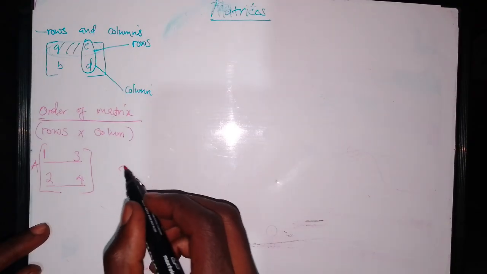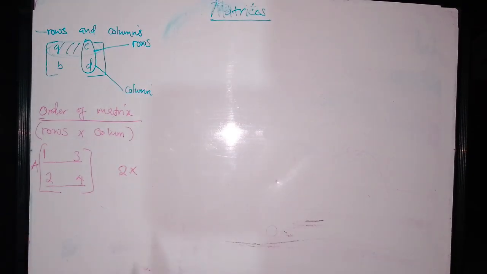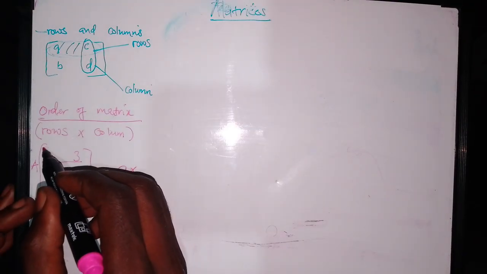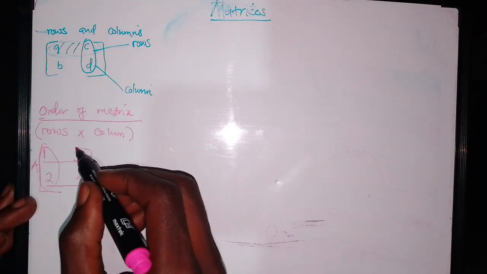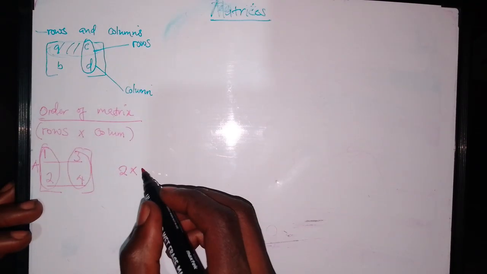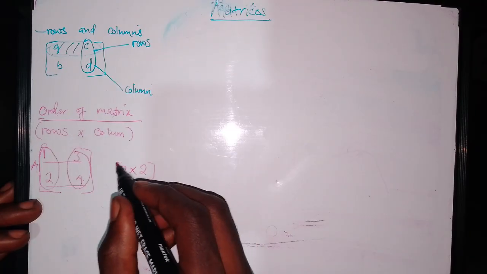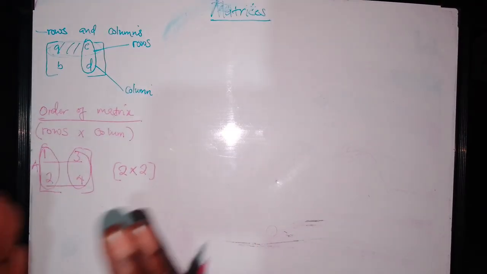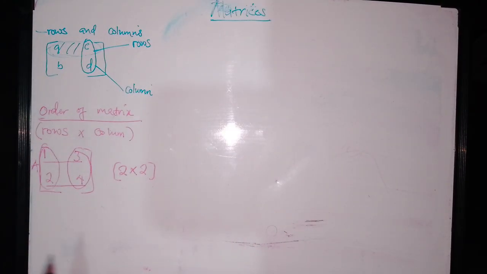So you say 2 times. Then you count the columns: 1, 2. So again you say 2. Meaning this is a 2 by 2 matrix.